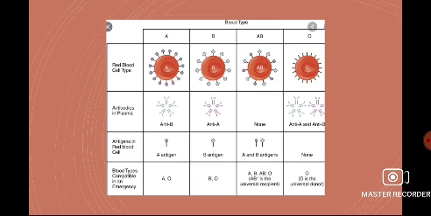Red blood cell type: A type, B type, AB type, O type.